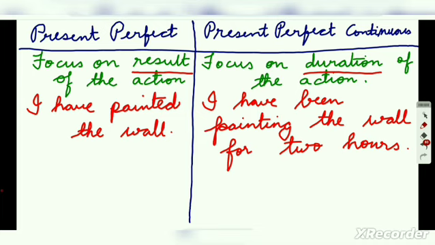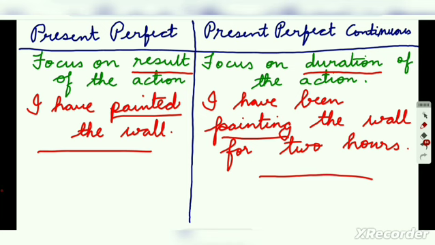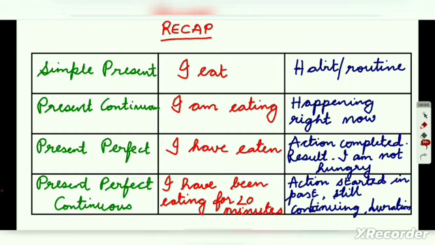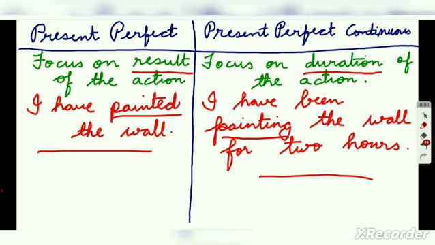We are talking about how long the action has been happening. In both places, the verb, the action, is the same. But here, the focus is on the result. Here, the focus is on the duration of the action. So just remember, present perfect is the result, present perfect continuous is the duration.